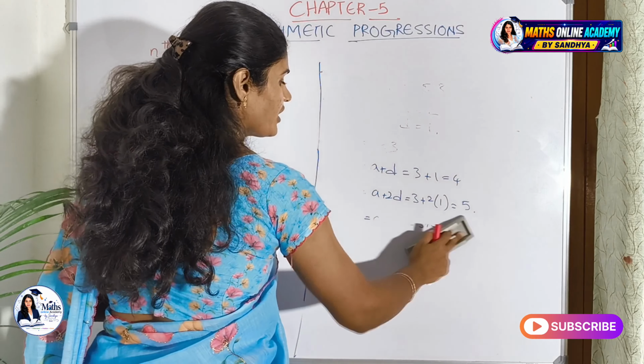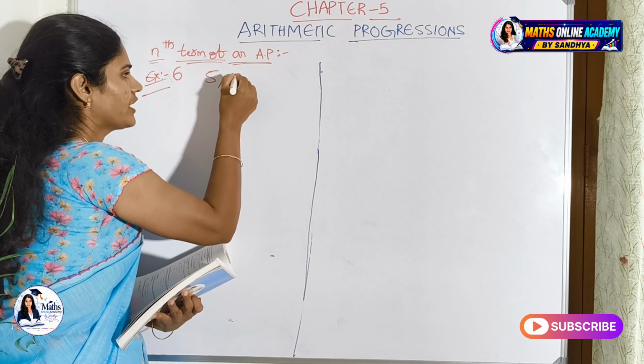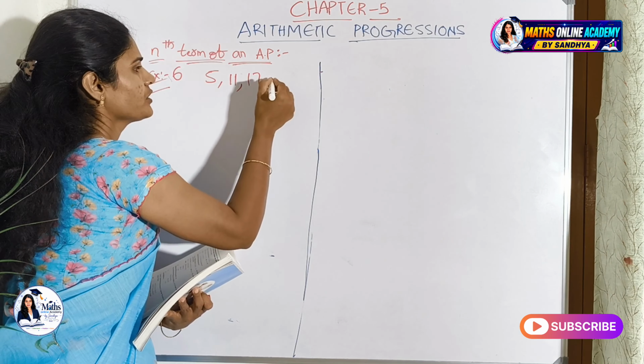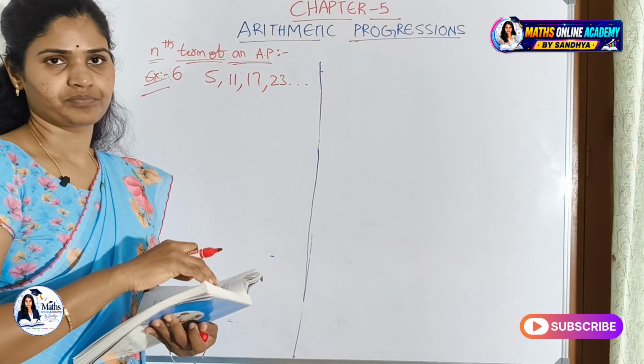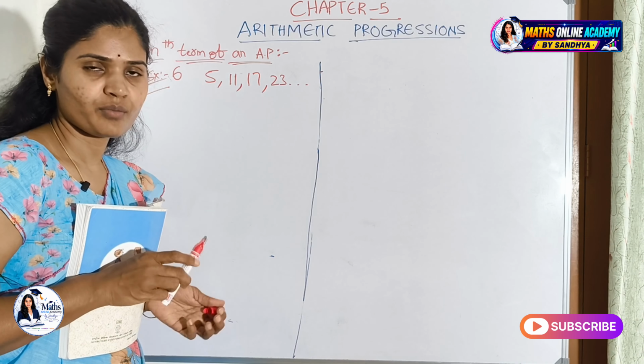Example 6. What are the list of numbers? See, 5, 11, 17, 23. These are the given list of numbers. And check whether 301 is a term in this list. First of all, these are a set of numbers and we don't know whether this is an AP or not.